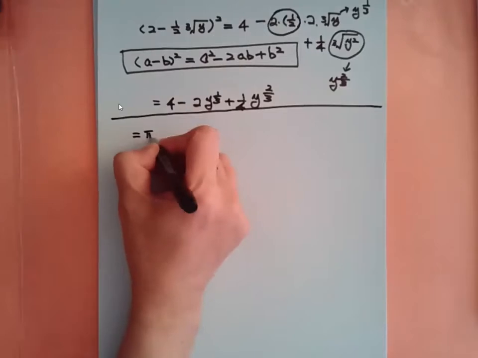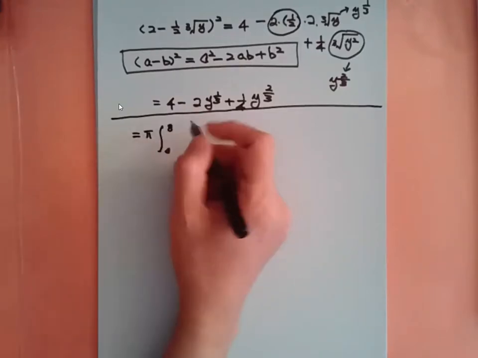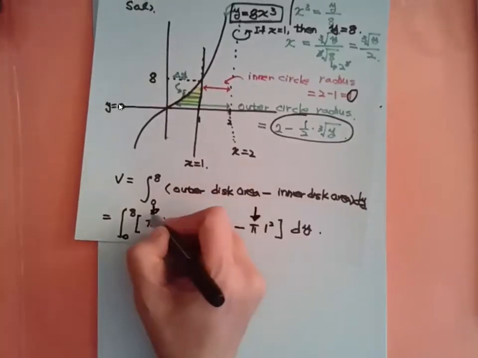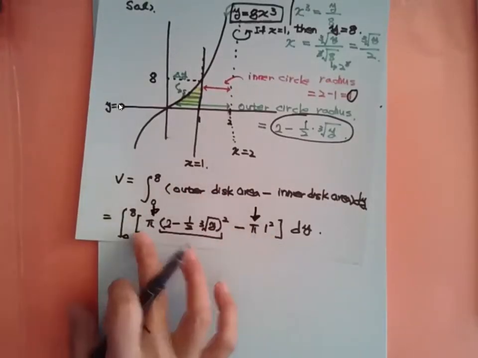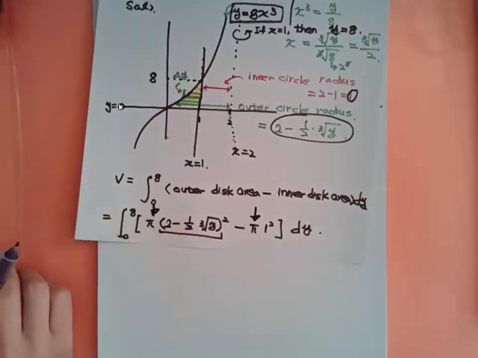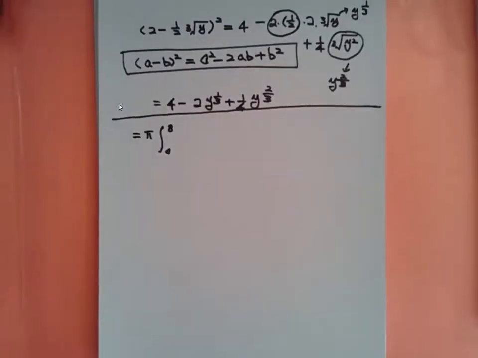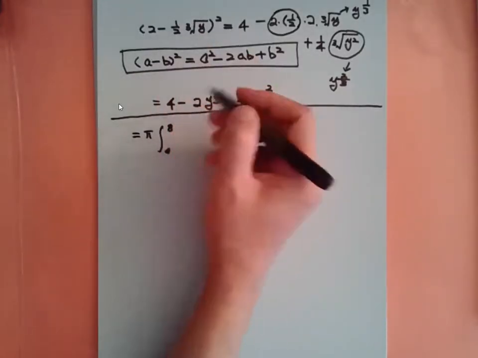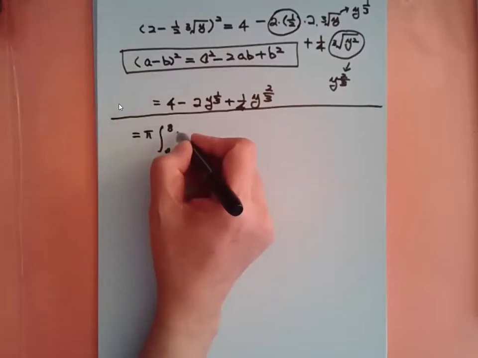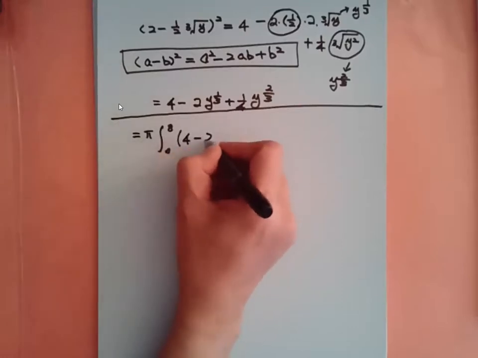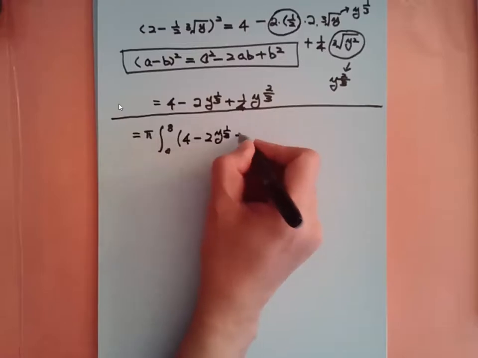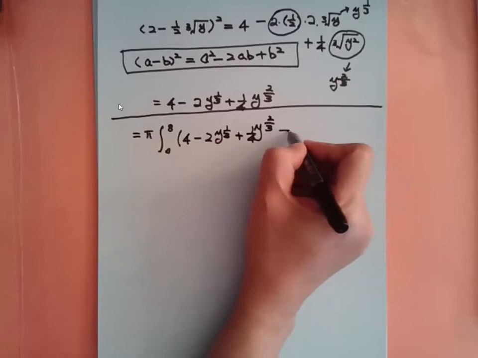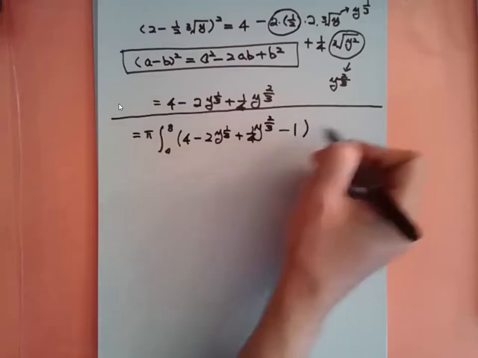So that is pi times the integral from 0 to 8. Because this pi and the pi in the second term are common factors, I'm taking them out. And then the first term squared turned out to be this: 4 minus 2 times y to the 1/3 power plus 1 over 4 y to the 2/3 power minus 1 squared, which is 1, dy.